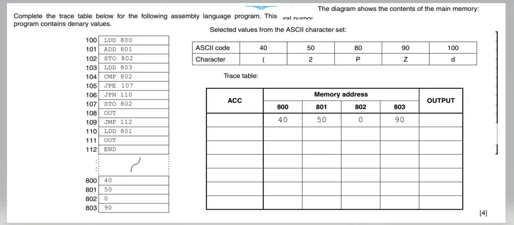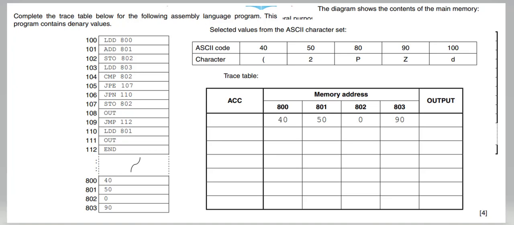So before I begin, pause the video, give it a go yourself first. So we've got our trace table and we've got some instructions. Complete the trace table. Okay, so before I begin, I'm just going to look to see if I understand all of these as well as I could do. So we've got LDD, I know what that does, I know what ADD does, I know what STO does.